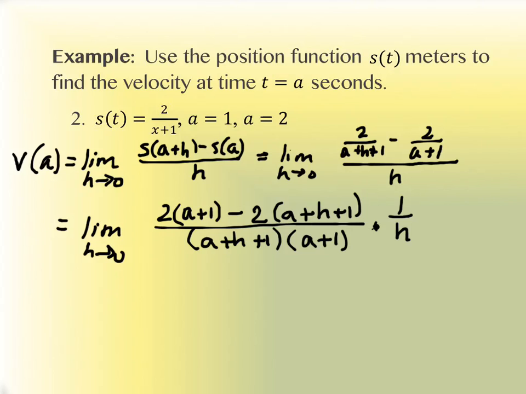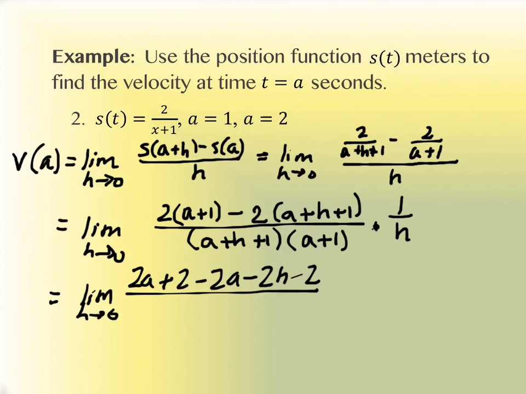All right, simplifying that first numerator. Well, I've got 2a plus 2 minus 2a minus 2h minus 2, all over a plus h plus 1 times a plus 1, and then times the h on the end.